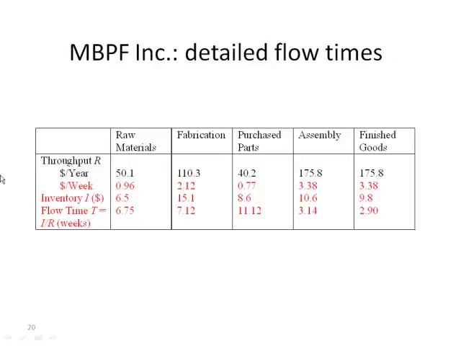Remember, we're in steady state. The number of dollars we spend on raw materials coming in matches that going out. If we put that on a weekly basis, it comes out to be 0.96 million. We know that the inventory is 6.5 million from the other slide, so therefore the flow time is 6.75 weeks.